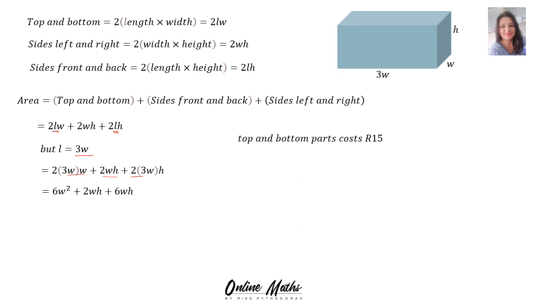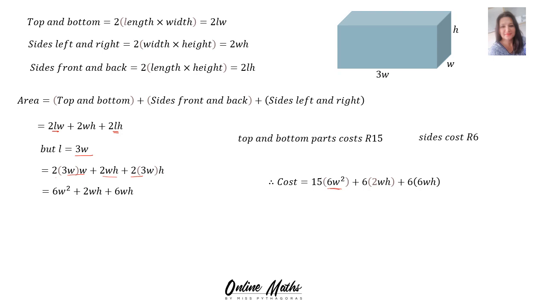Then it's also given that the top and bottom parts cost 15 Rand and the sides cost 6 Rand. So now we can work out a formula for the cost. So it is the 15 and the 6W squared is for the top and the bottom.